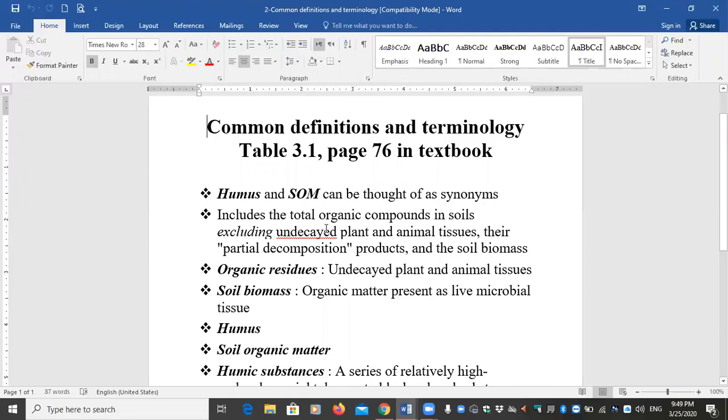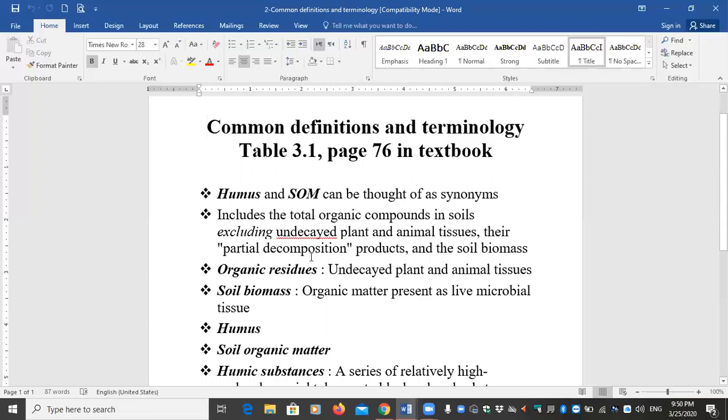It includes the total organic compounds in soil. So all the organic compounds that are in soil, excluding the following: undecayed plant and animal tissues, which we will see are called residues. If they are undecayed plant and animal tissues, they do not come into humus. They are not part of humus.